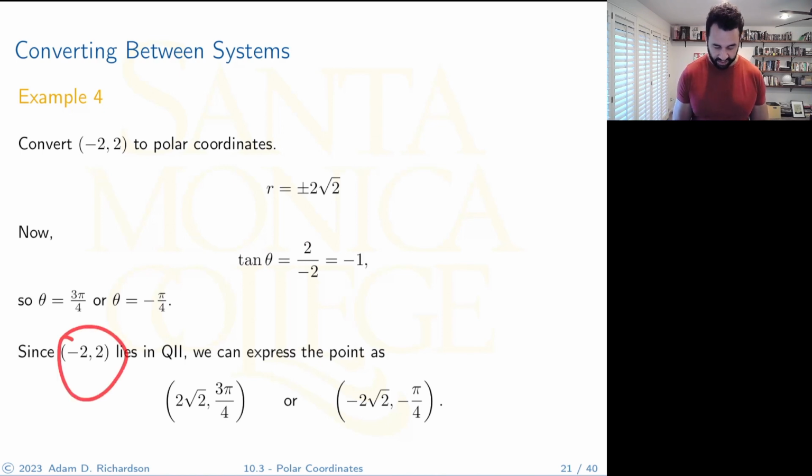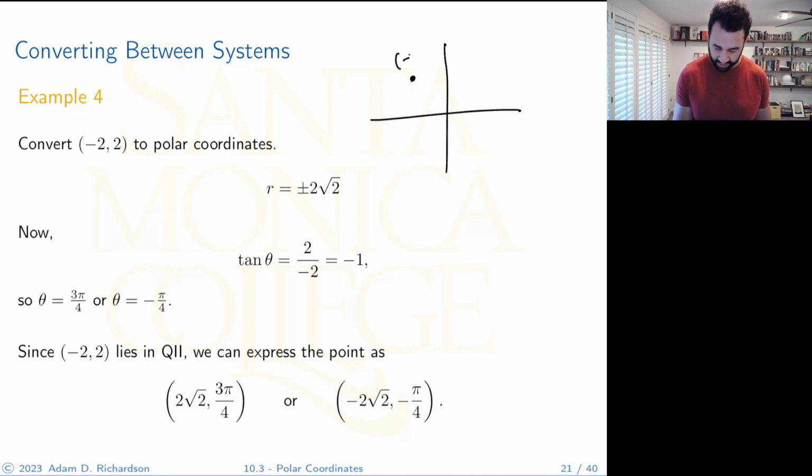Now, we know that the point -2, 2 lies in quadrant 2. So this is where you have to think about where your point actually lies. It lies up here. And so we have to pick the corresponding radius and angle to get to that point. So there's two different representations that I give here.